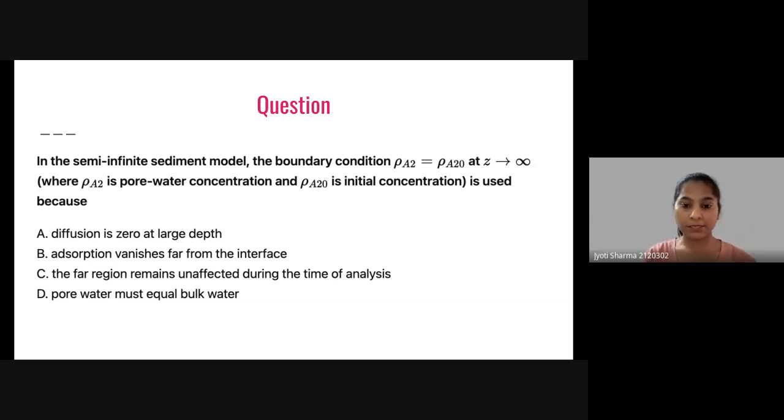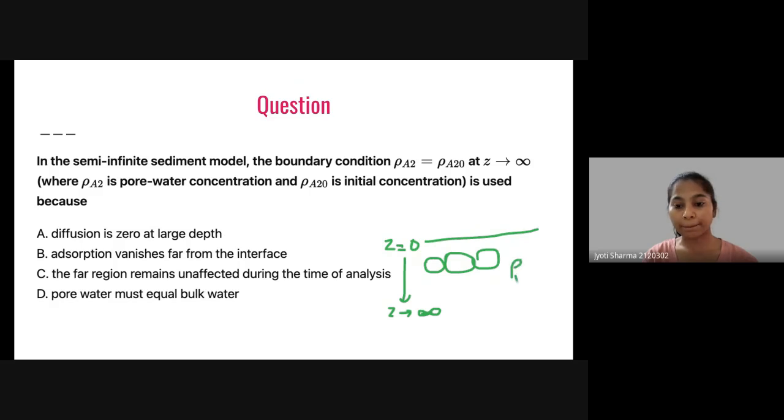So let me just explain to you. For example, this is our interface, and here we have sediments, and here z is equal to 0. If we are going away from this, let's say this is z approaching infinity. Here we have the concentration of A, 2 means in the pore water.